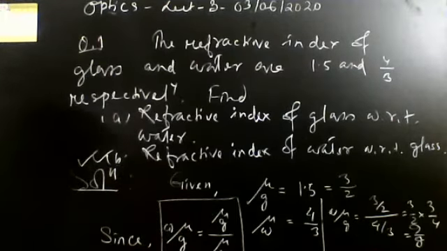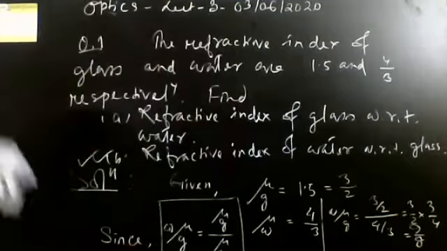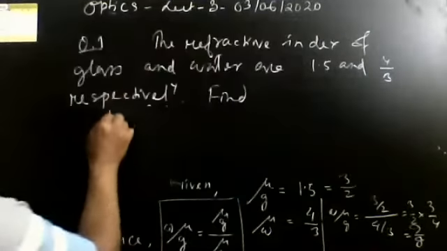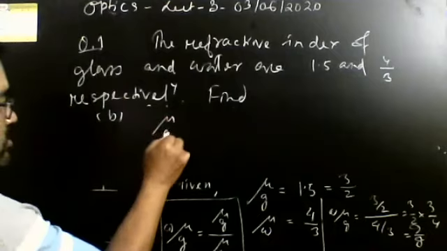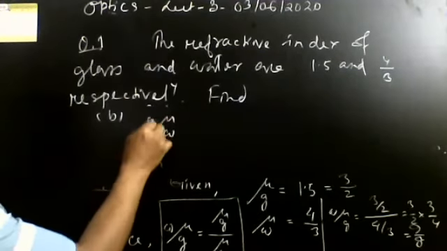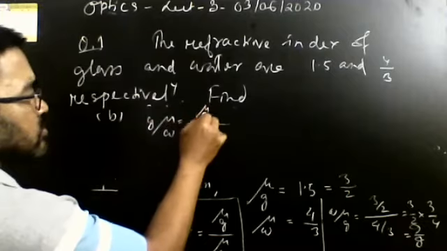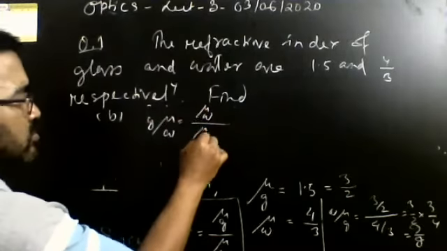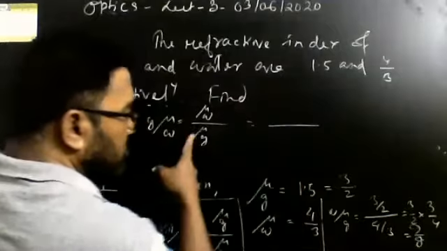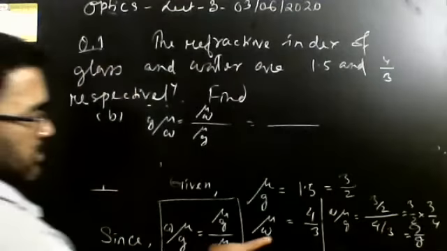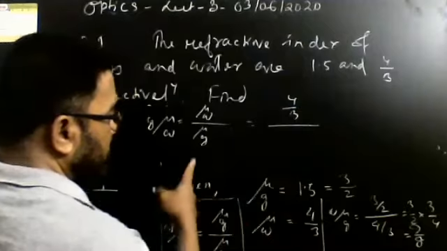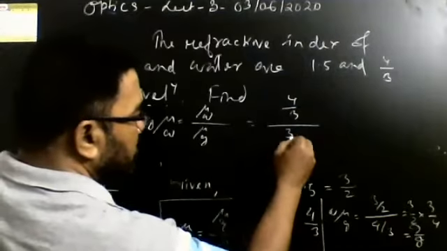So for the second one, number B, mu w g, the refractive index of water with respect to glass, will be mu w upon mu g. Always remember this is the formula. So mu w is 4/3 and mu g is 3/2.